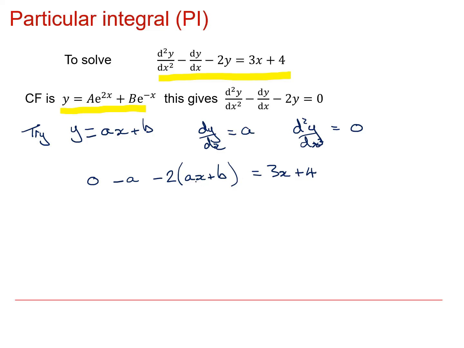Now if we just expand that a little bit, we're going to get minus 2ax minus a minus 2b is equal to 3x plus 4.